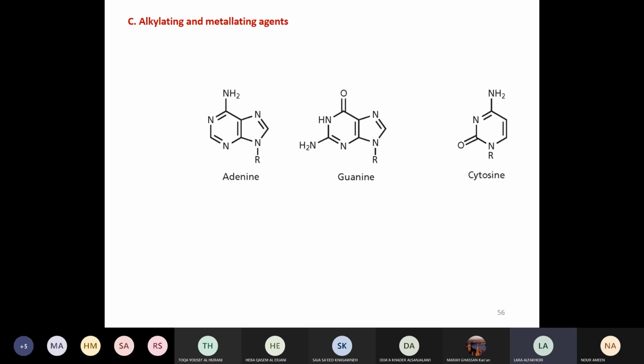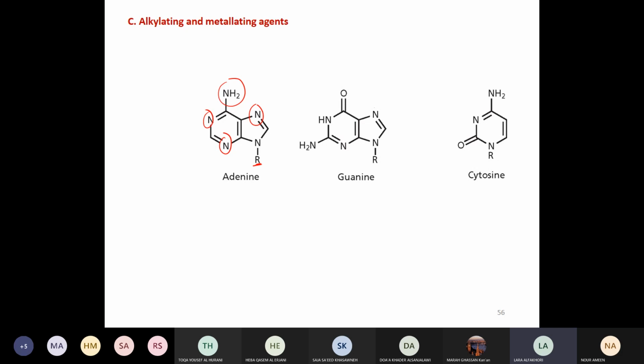Okay? In adenine I have, for instance, this primary nitrogen, this nitrogen, and those two nitrogens here. Of course R refers to the rest of the DNA structure; as you all know, the nucleic base is attached to the deoxyribose. So R is the deoxyribose and the rest of the DNA backbone.